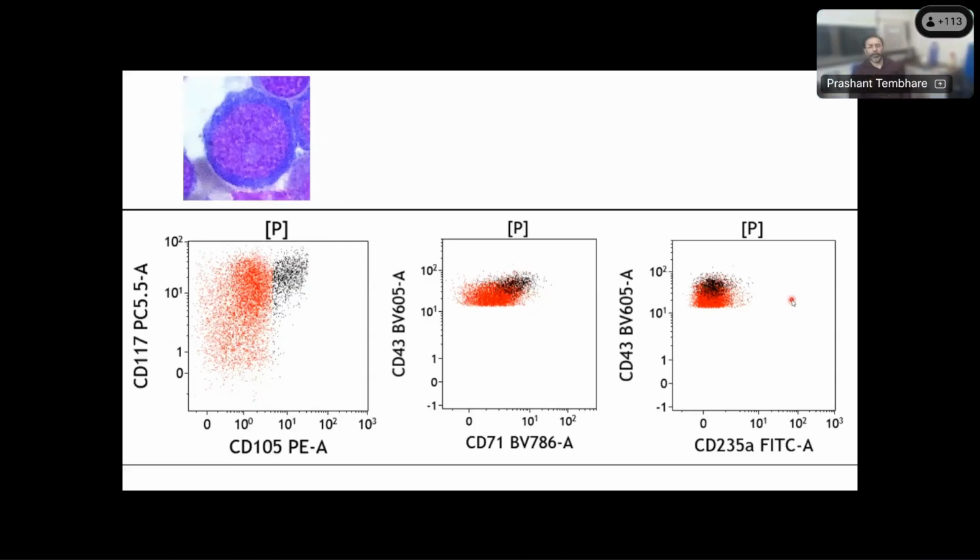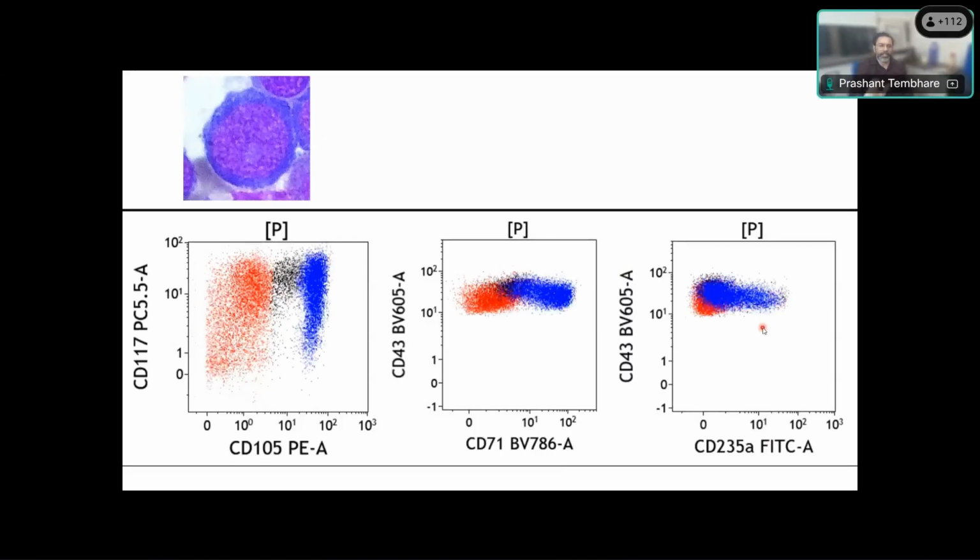A typical pronormoblast is CD117 positive, CD105 positive, CD71 intermediate positive, and CD235A negative. The next stage is the mature, differentiated pronormoblast.